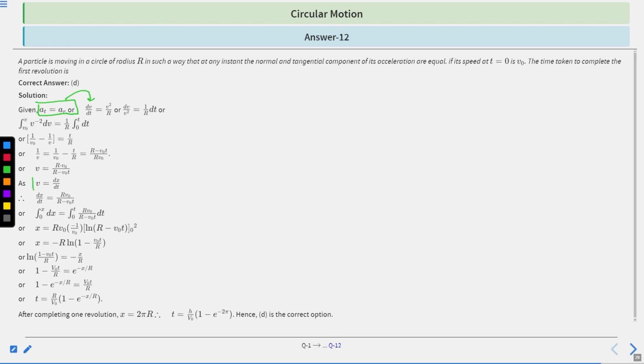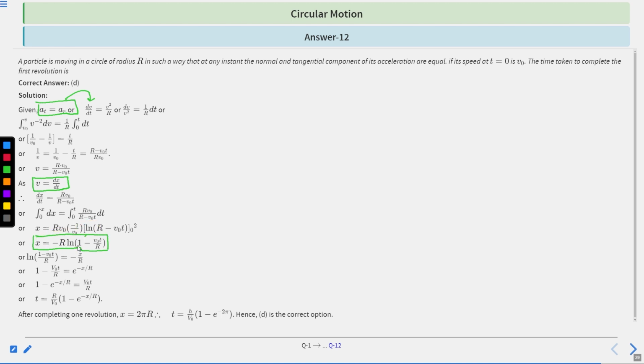So v equal to dx upon dt. Solving this, you will get x equal to minus r log of 1 minus v naught t divided by r. This is just the calculation part.